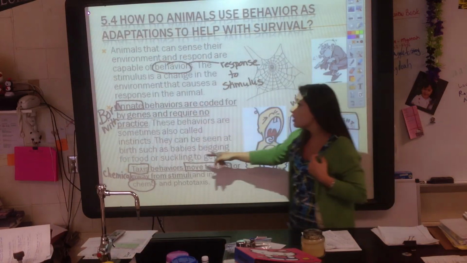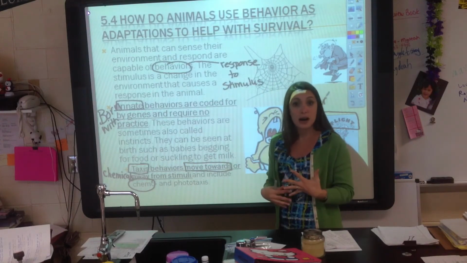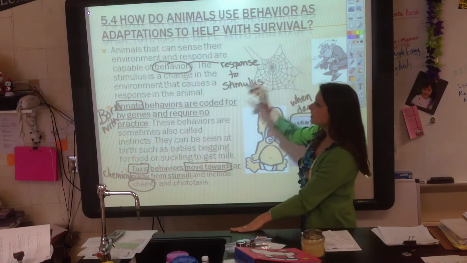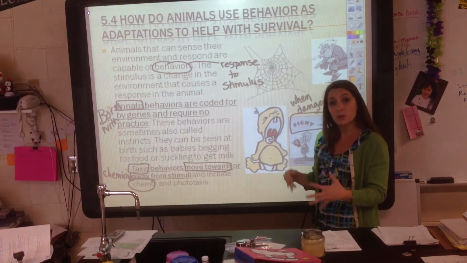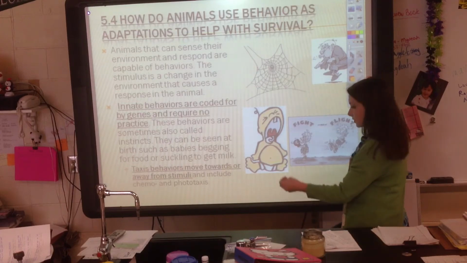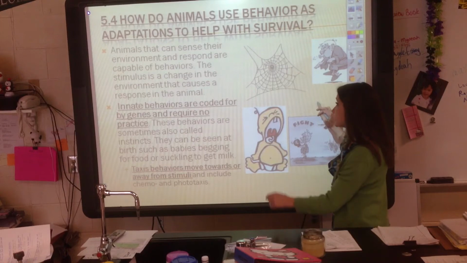Now these are all things that happen in your body, what we call physiological. And so all of these are innate. You are born with your body controlling them. So these are your basic innate behaviors called instincts.